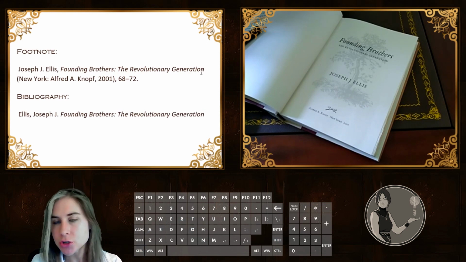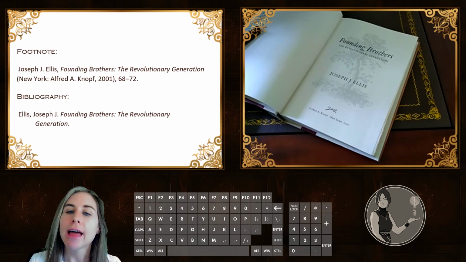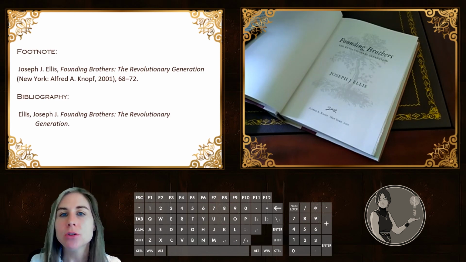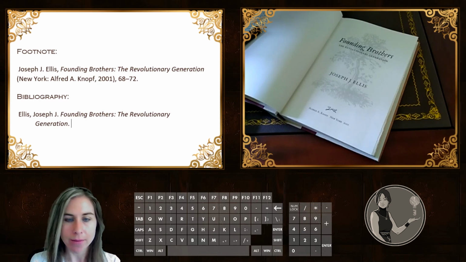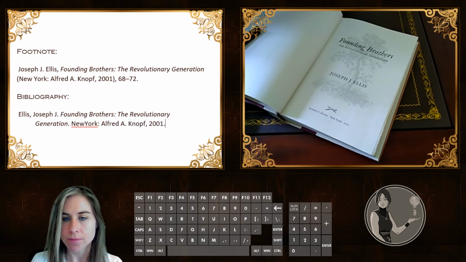And then end your italics and put that full stop to end it. The last thing you want to do is the publication information. Now, because these are 3 separate sentences, you do not need to include those brackets. It's just its own sentence, but it is styled in the same way. New York, Alfred A. Knopf, 2001.